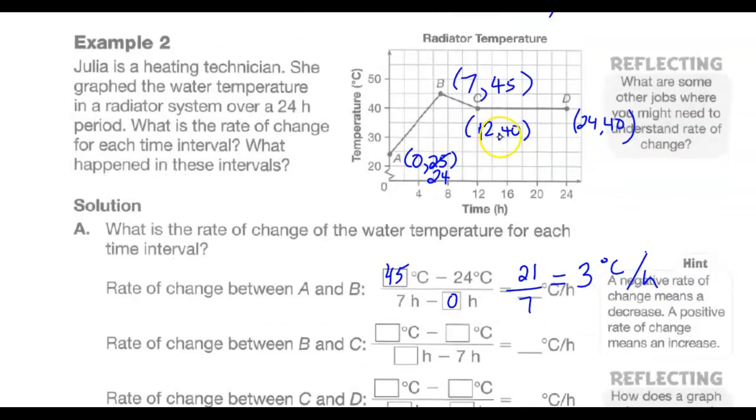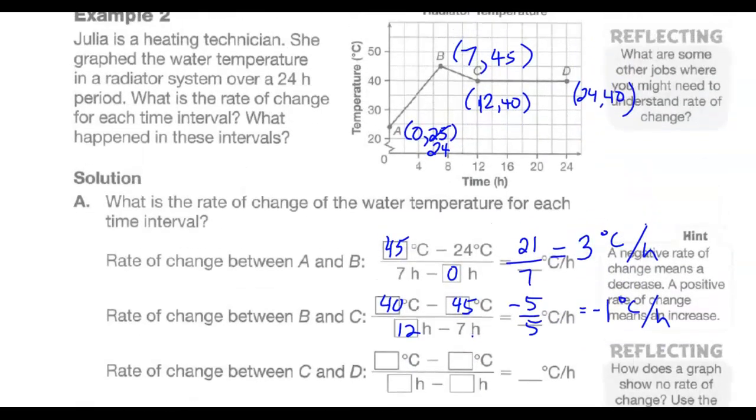B and C. So our second point is 12, 40. So we'll go 40 minus 45 over 12 minus 7. So that's -5 over 5, which is -1 degree Celsius per hour.